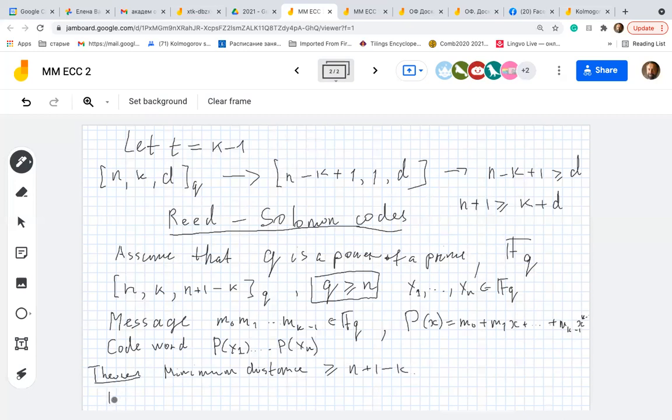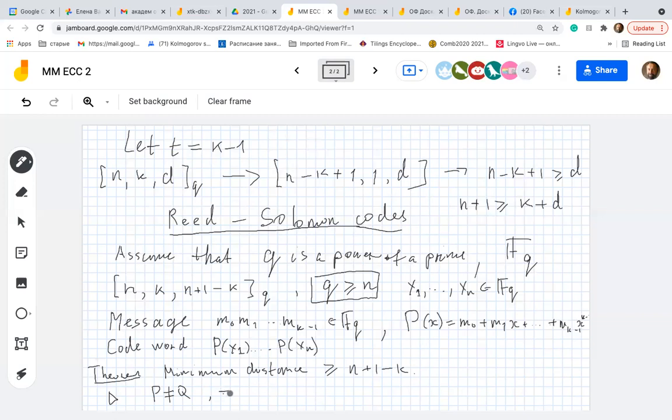And here is the proof. What does it mean that the minimal distance is at least that much? That means that if we have two different polynomials, P is different from Q, then they differ in that many points or more. In other words, they coincide in at most k minus 1 points.